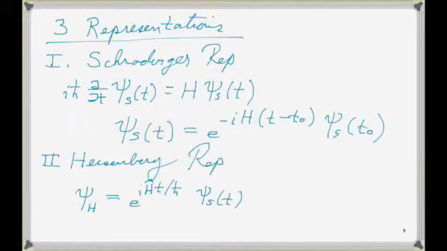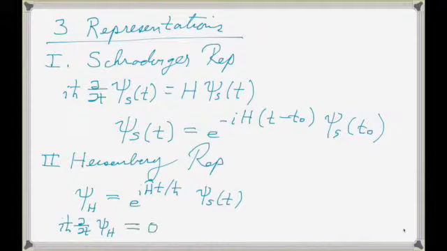That's your operator H up there in the exponential. And so if you do i h bar d/dt of psi_H, I didn't write any time dependence in the argument because there is none, you get 0.